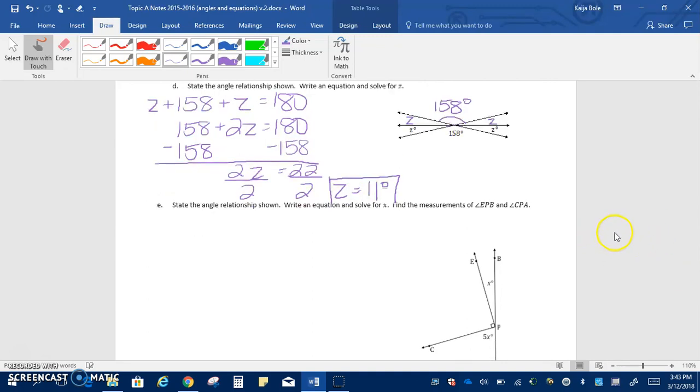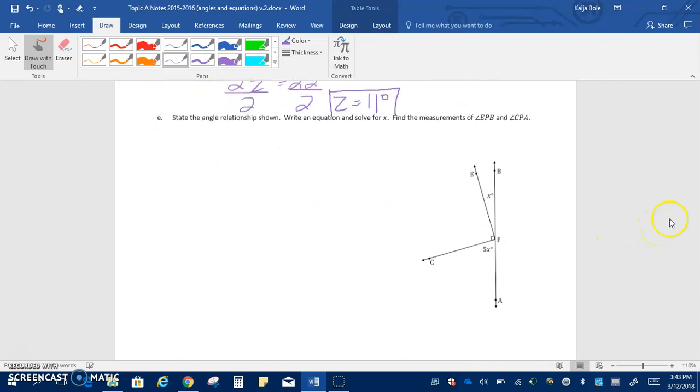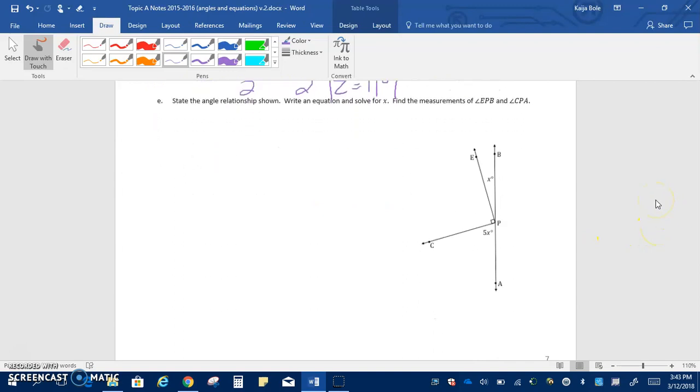Alright. And then the last one here we're going to do all together. Same thing, we're trying to find the measurements of angles EPB and CPA. So again, we're going to have supplementary angles because they're on a line here. And again, this little box means this is 90 degrees. So we're going to add them up. We have x plus 90 plus 5x, and this whole thing equals 180.